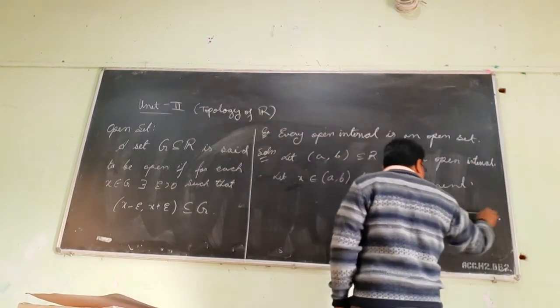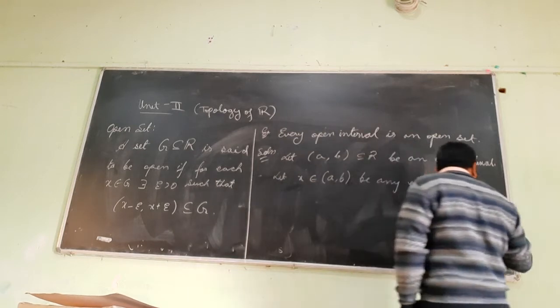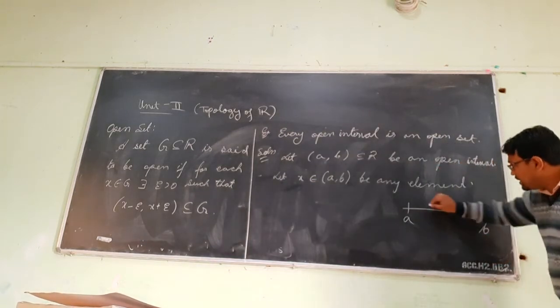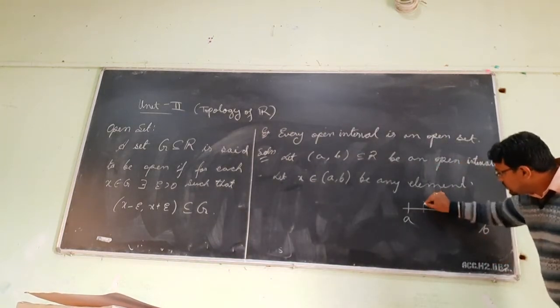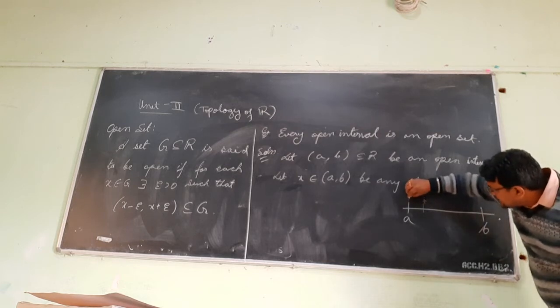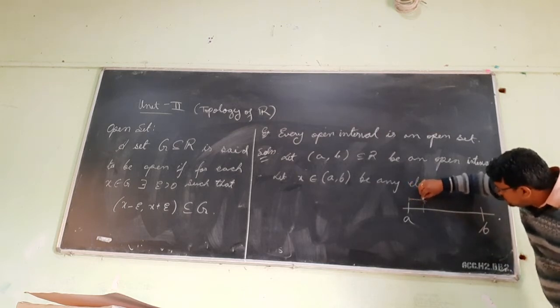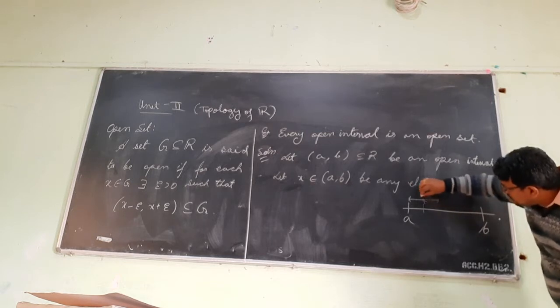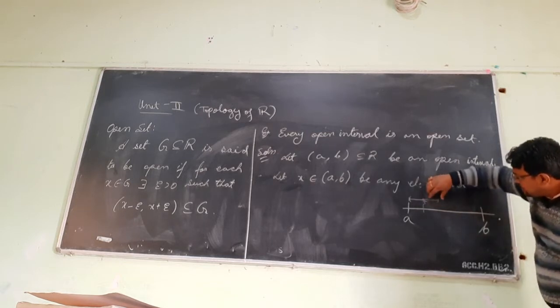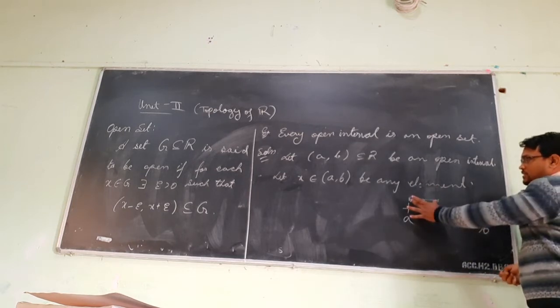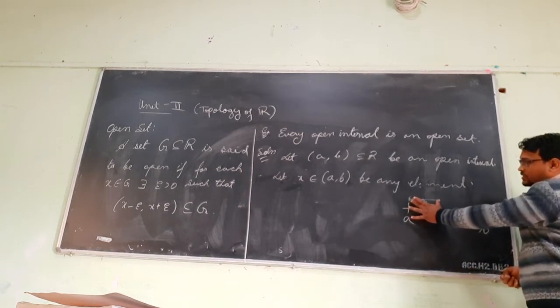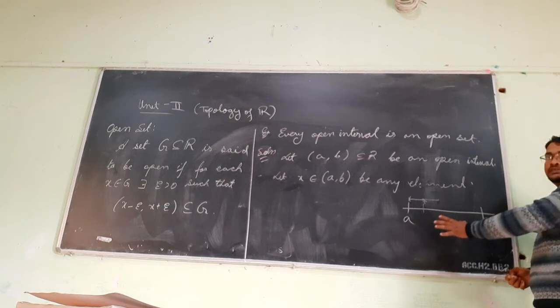Then if you remember the diagram that I had done last day, x may be a point here. If you draw an open interval of this length, x minus a, then this x minus epsilon to x plus epsilon will be a subset of (a, b).